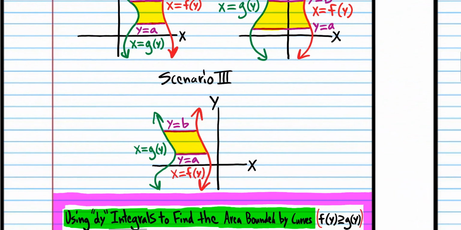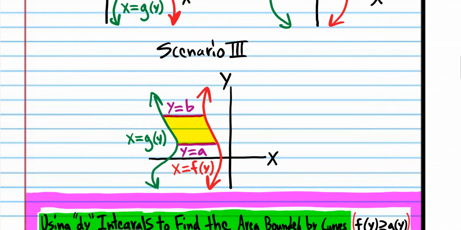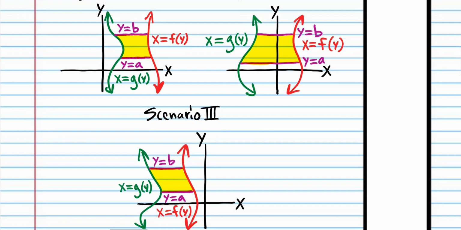Then you have the situation where the red x values are negative and the green x values are also negative, but you still take the red x values and subtract the green x values, as you can see here. And when I say red, I'm talking about the f of x. So you're taking the f of x's and subtracting the g of x's in every one of these scenarios.